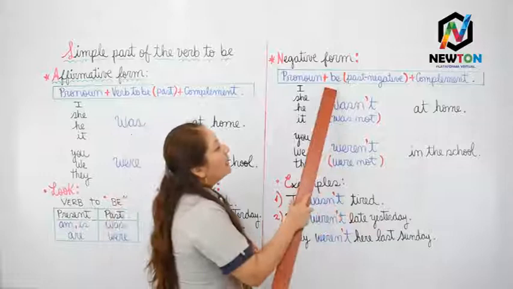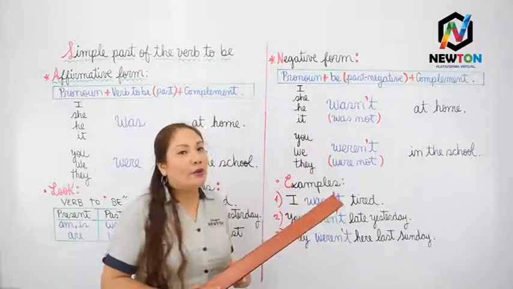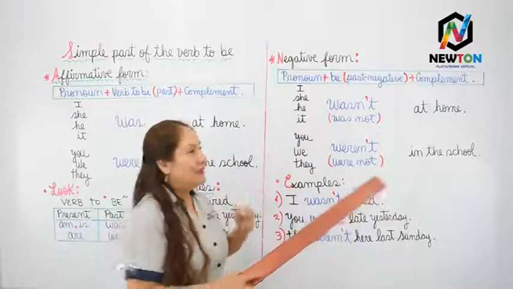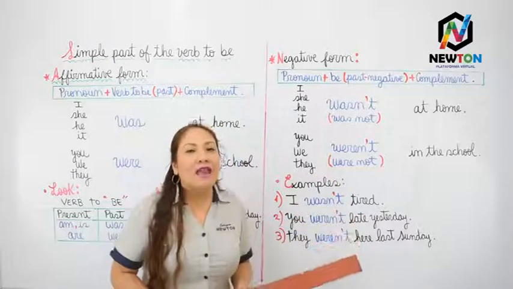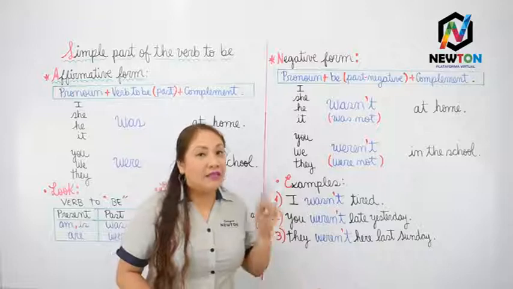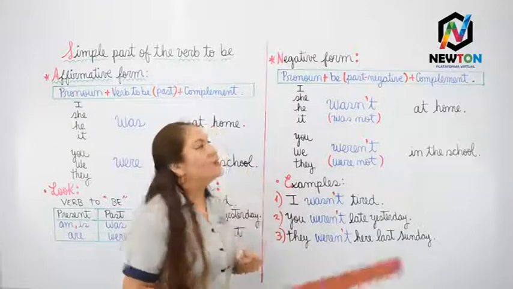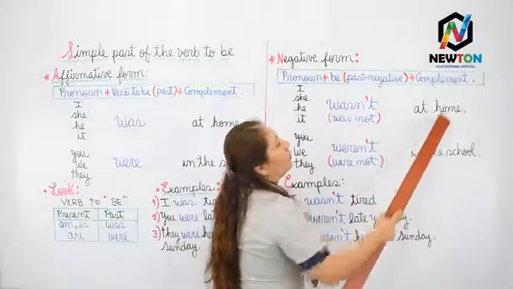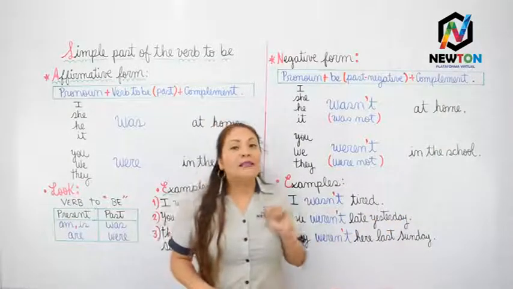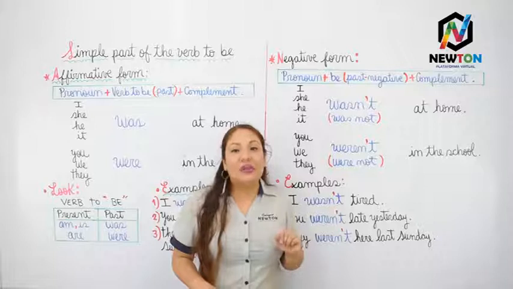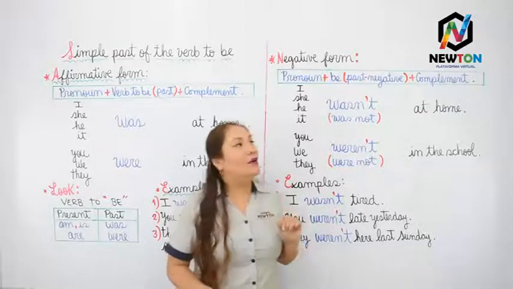And then the verb to be. Y luego el verbo to be. But this verb to be in the negative form. En la forma negativa. Tiempo pasado. And then your complement. Y luego tu complemento. Now, the complement is an extra information. Es una información adicional. ¿Ok?